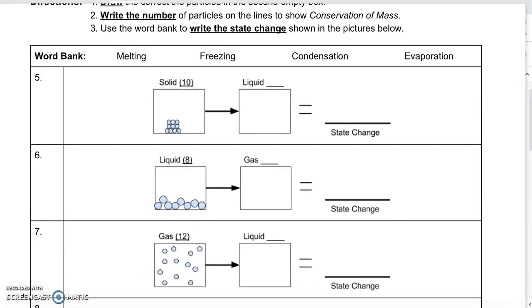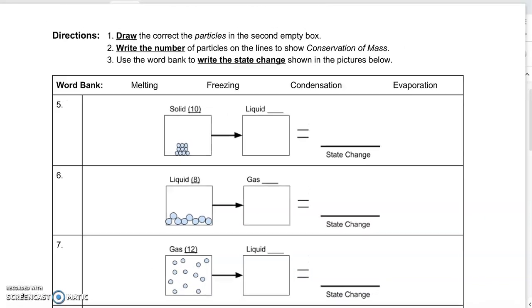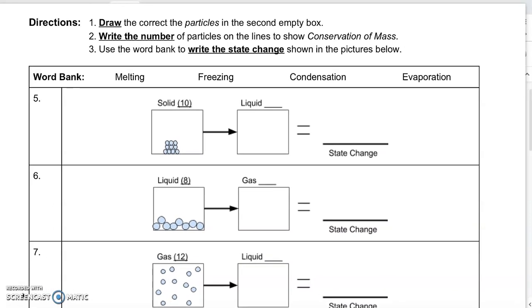Okay, students, next. The directions say, draw the correct particles in the second empty box. Write the number of particles on the lines to show conservation of mass.